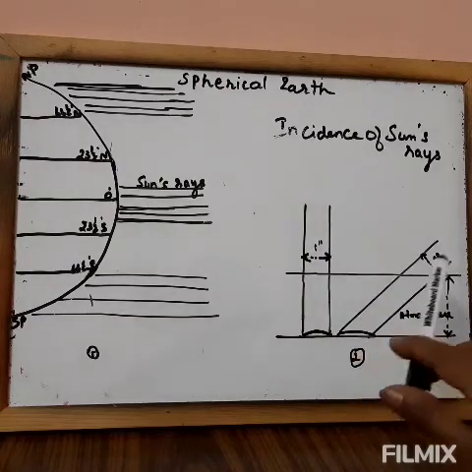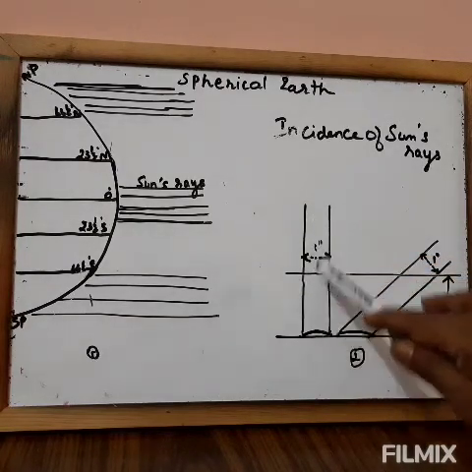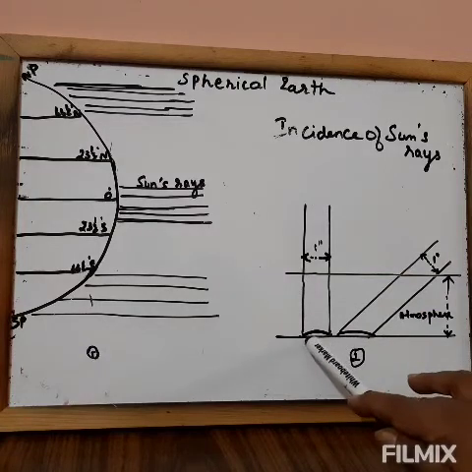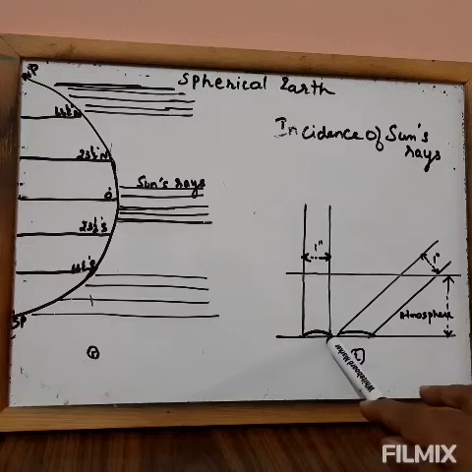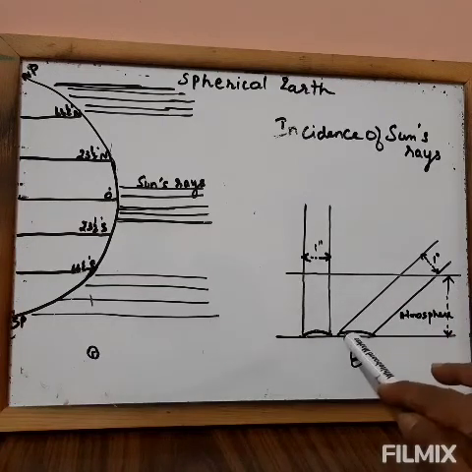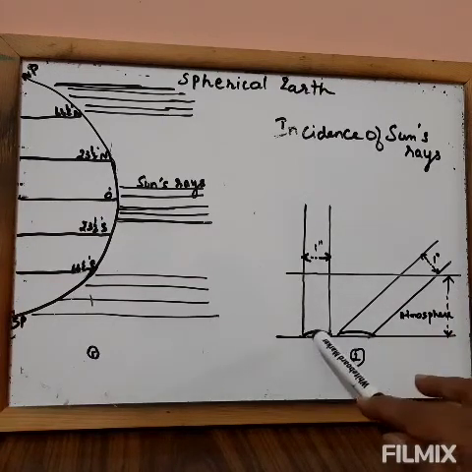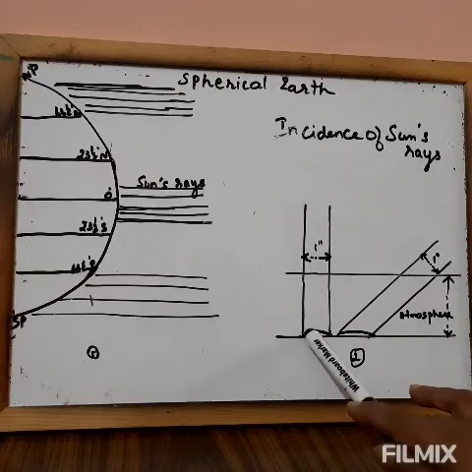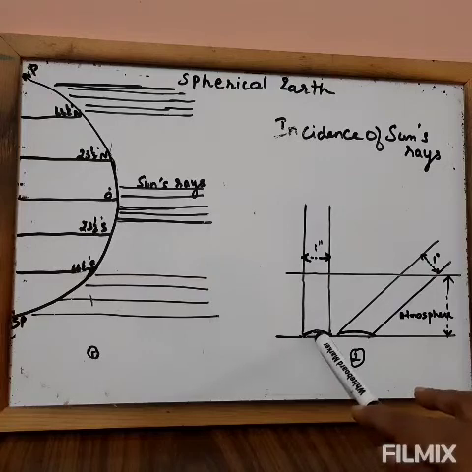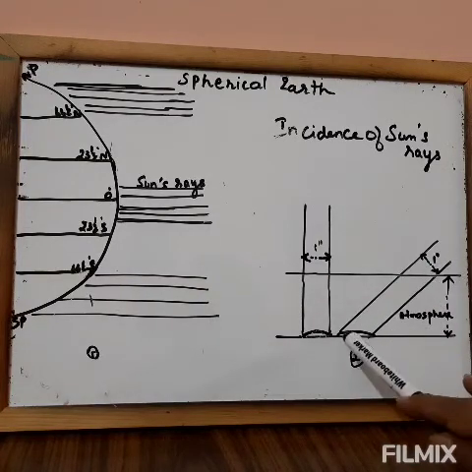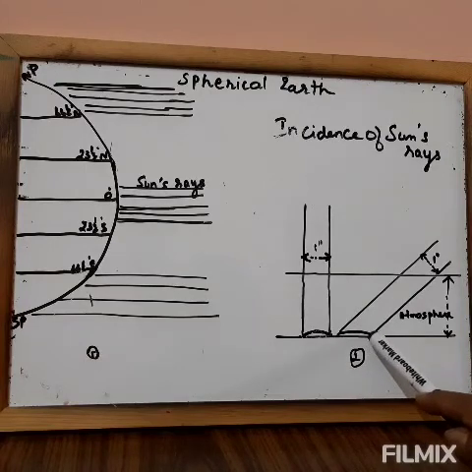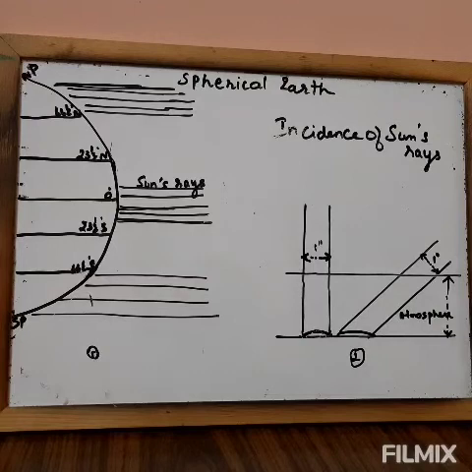Now look at this diagram. You will find the direct rays of the sun fall on the earth's surface and slanting rays also fall on the earth's surface. Look at the area covered by direct rays of the sun: it is less, whereas the slanting rays of the sun fall on a larger area, so the heating effect is less.